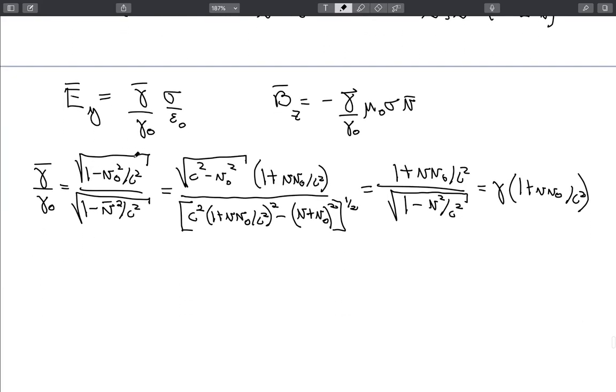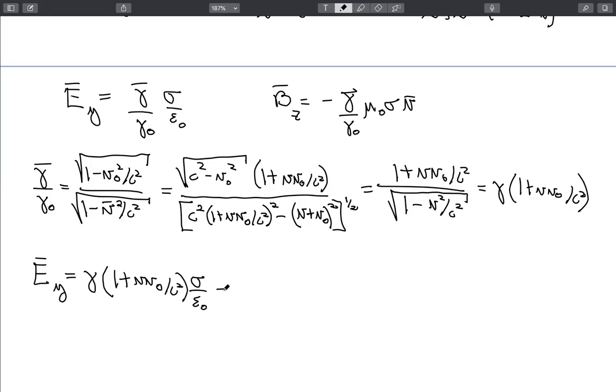Then what we can do is just rewrite this equation here. So it allows us to rewrite this E bar y as being equal to gamma, 1 plus v0 over c squared, times sigma over epsilon 0.